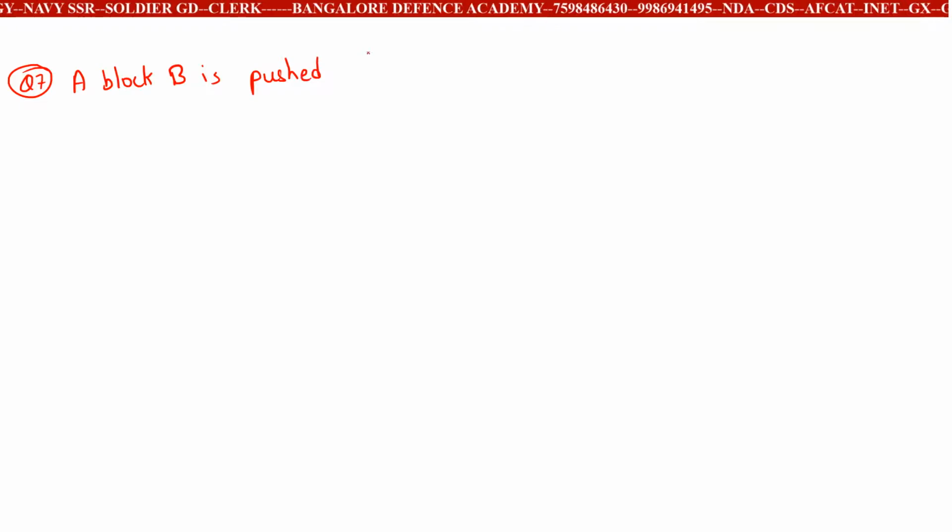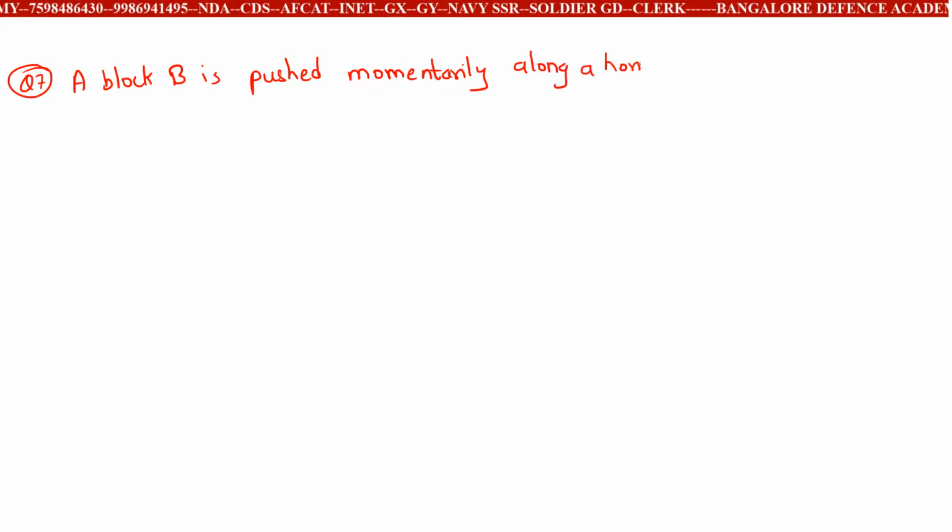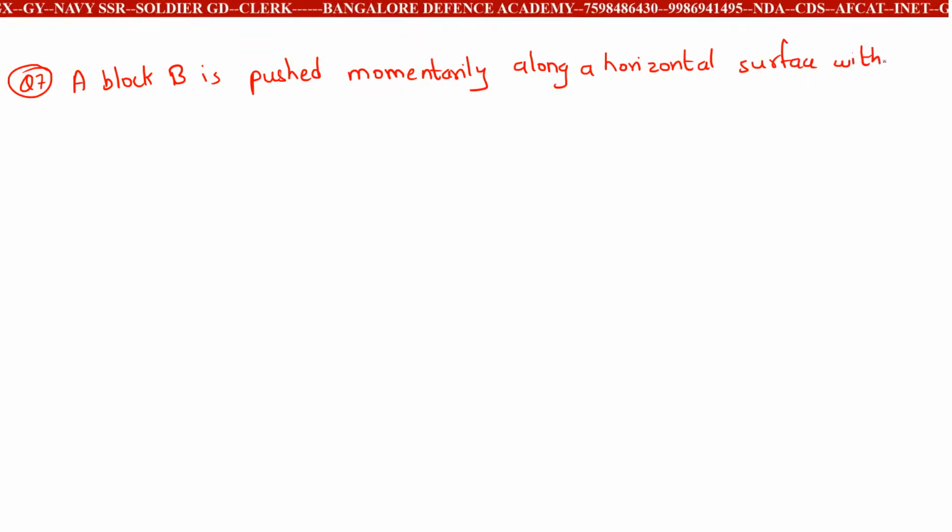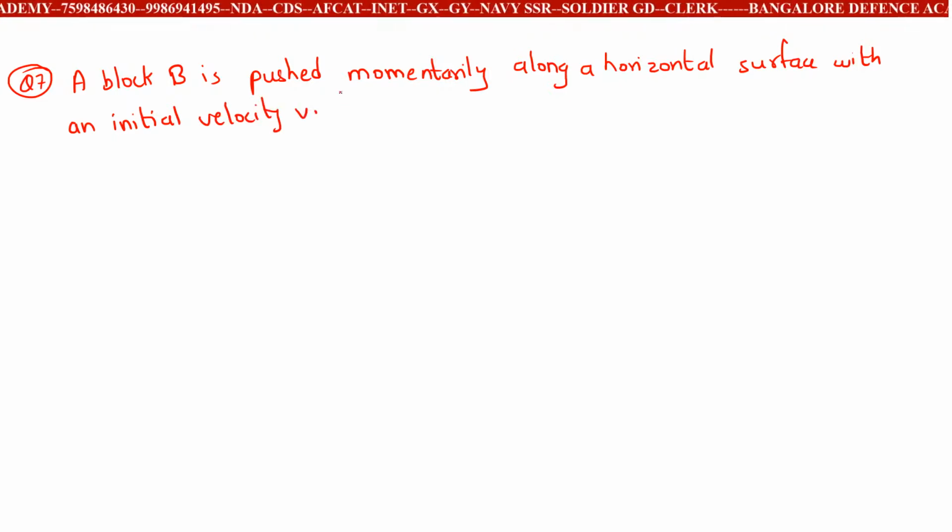You have a block B. A block B is pushed momentarily along a horizontal surface with an initial velocity v.